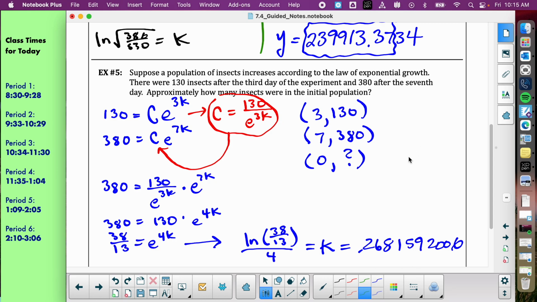I'm going to rewrite my equation with k, and then my goal is to find c. So I'm going to have, where the heck am I? Oh, the population. Population, C e to the, I'm not going to write the whole thing down up here. Okay, then I'm going to put in my one piece of information.